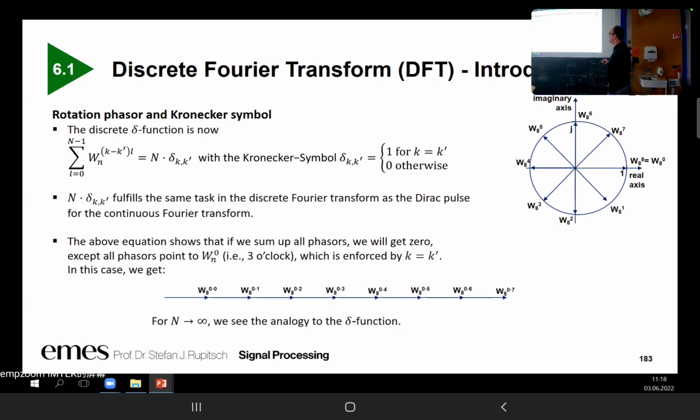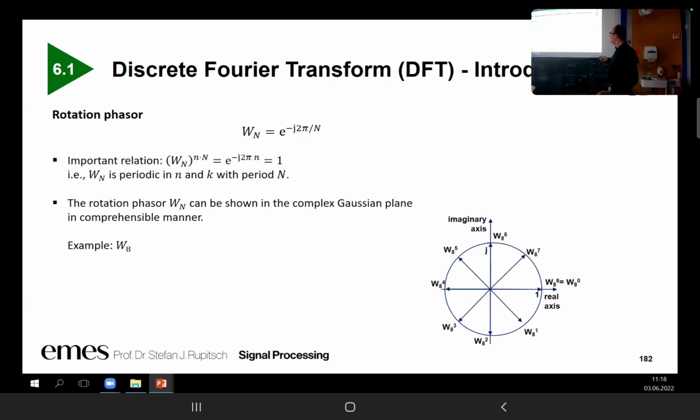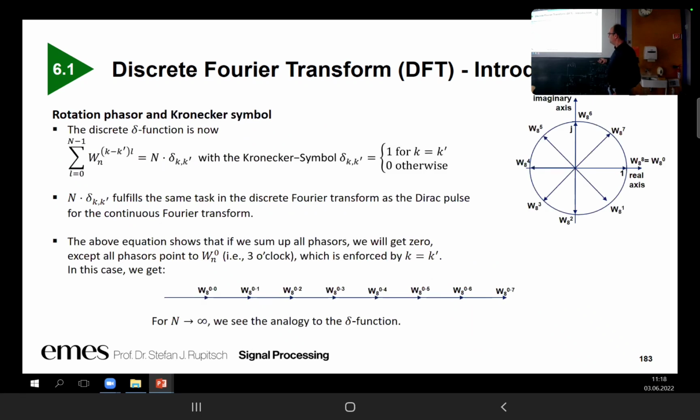An interesting point at this part is if we have here 0. What happens if we have 0? If we multiply our phasor in the argument of the exponential function with 0, then the argument will always be 0, and therefore we sum up all phasors in this sum.